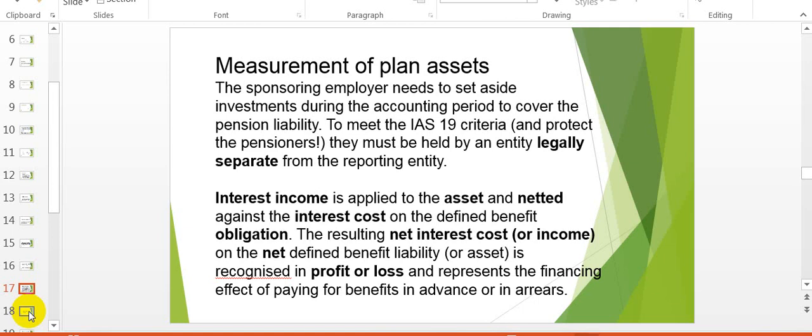So the interest rate given in the question, you apply it to the opening balance of the plan asset. Once you compute this interest, like we said earlier, you net it off against the interest costs on the defined benefit obligation. If the interest income is higher than the interest costs, this will be recognized in the profit and loss account.